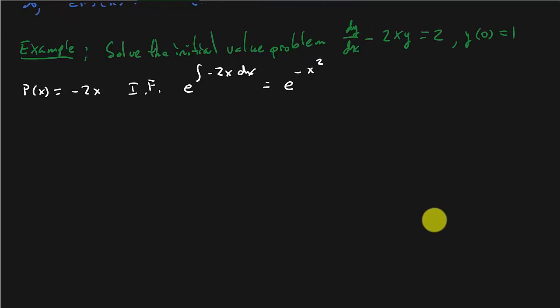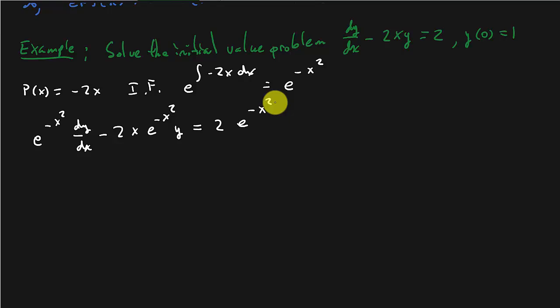So let's multiply it to each term. I get e to the negative x squared dy dx minus 2x e to the negative x squared y equals 2e to the negative x squared.